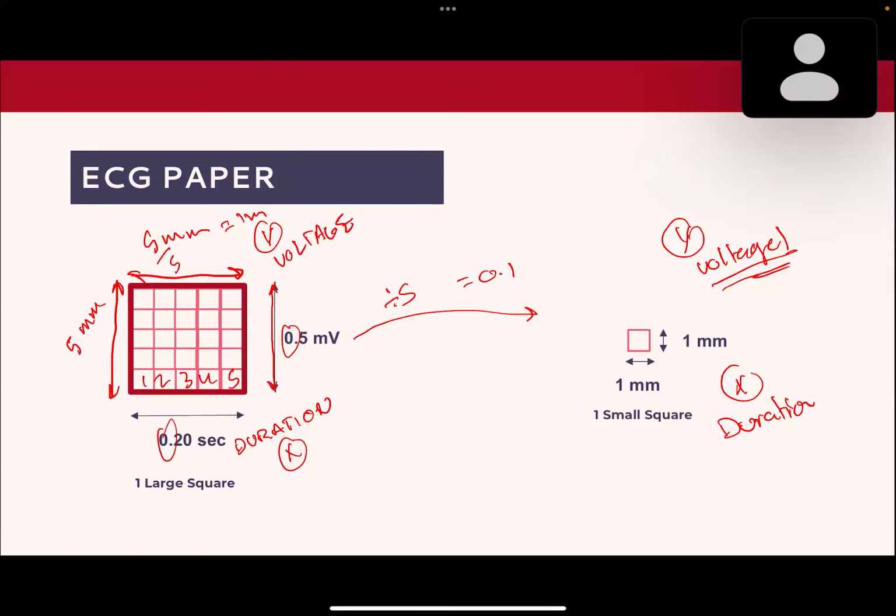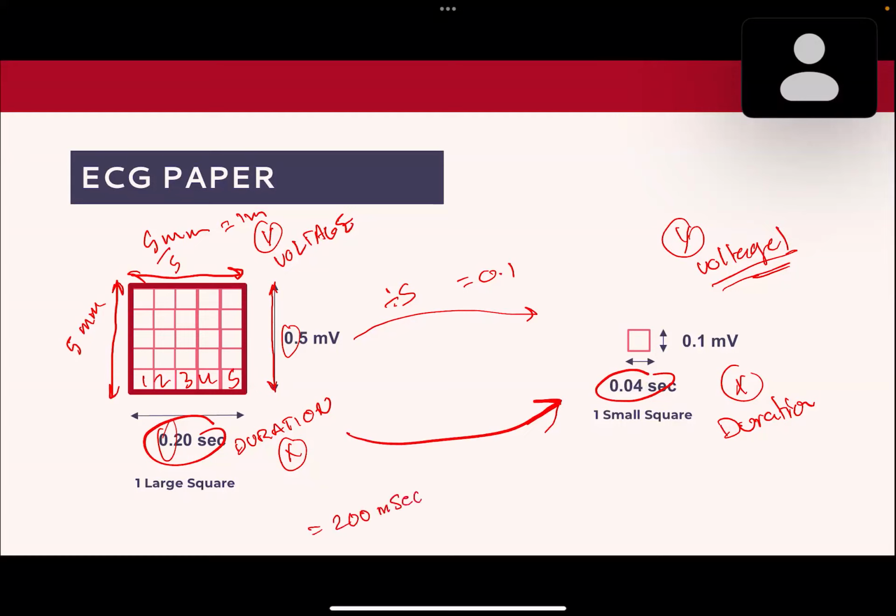Okay, last one. Duration, how much do you think is in the duration of a small square? You're going to do the same thing. So 0.2 divided by 5 will give 0.04. Exactly, and that is going to be 0.04 seconds. Just know that 0.20 seconds is equal to 200 milliseconds, okay?